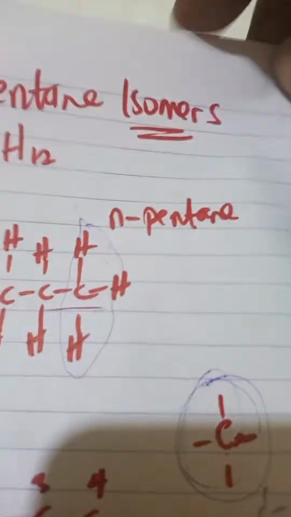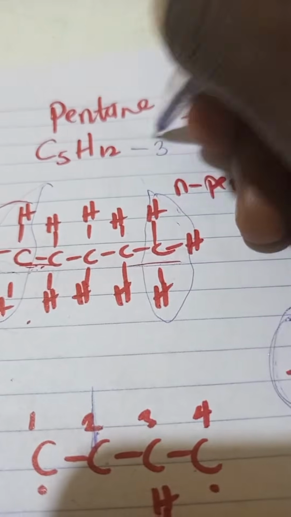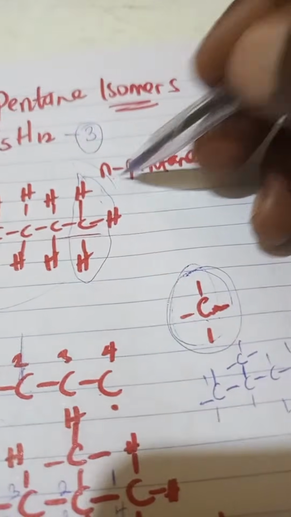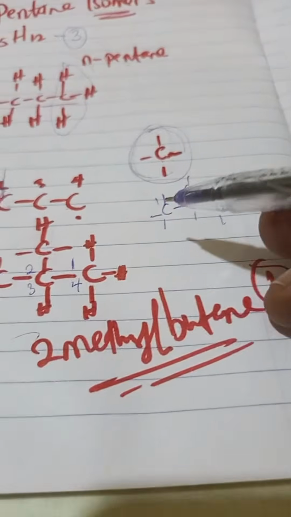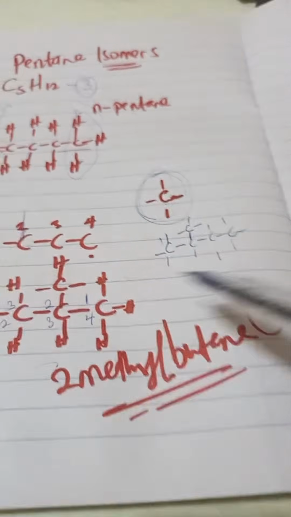So that's the structure. So pentane has 3 structural isomers. This is the first one here, normal pentane, that is n-pentane. Second structure is 2-methylbutane. And the last one, 2,2-dimethylpropane.